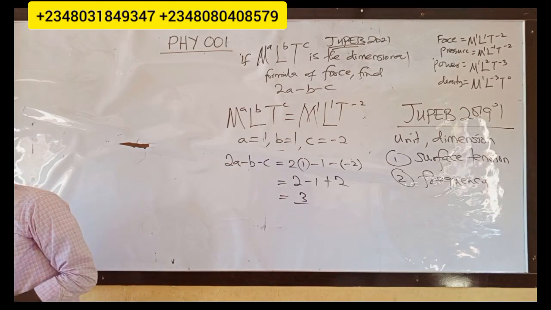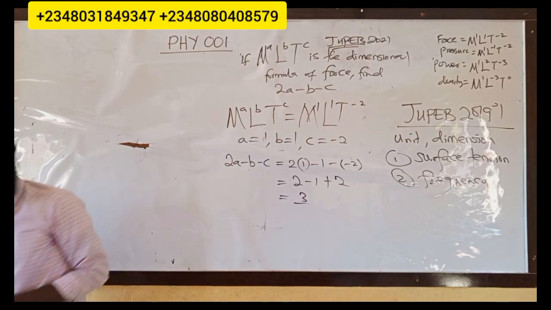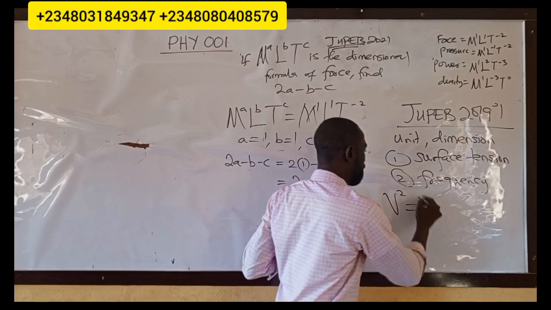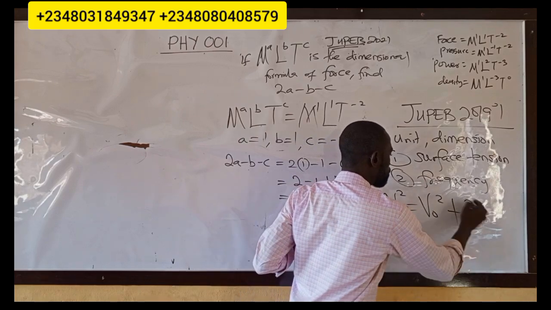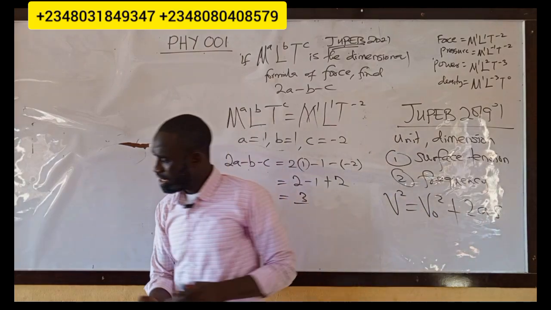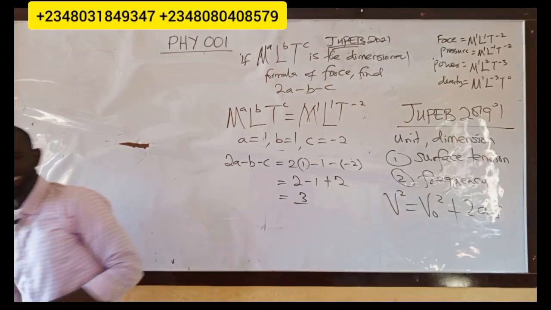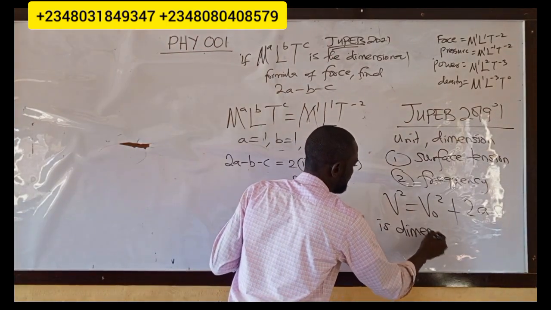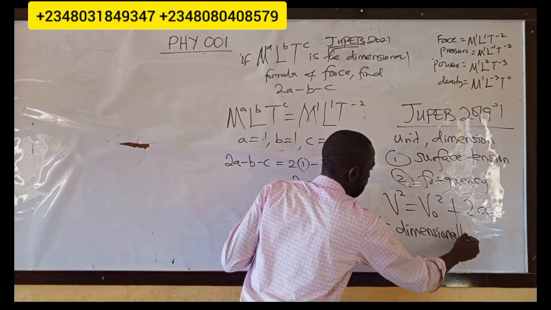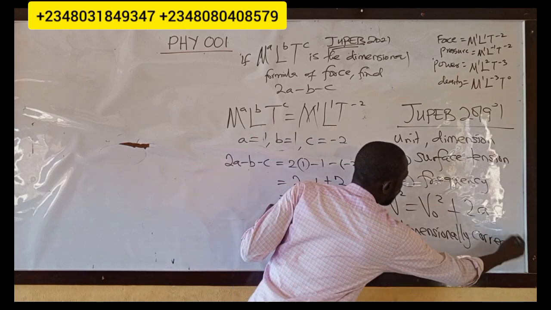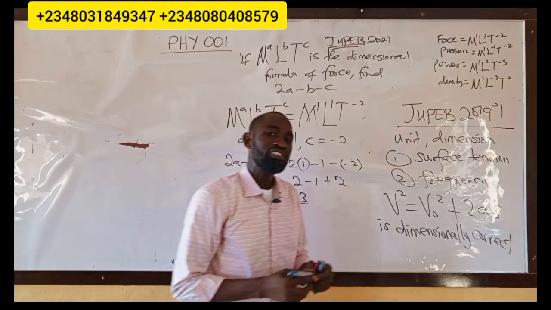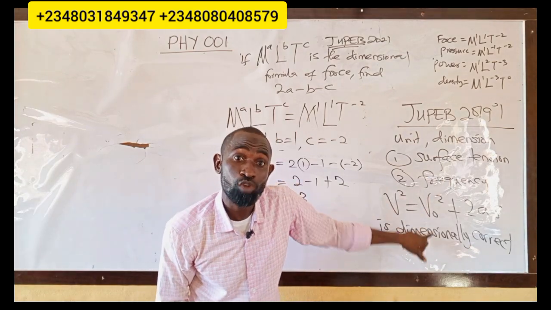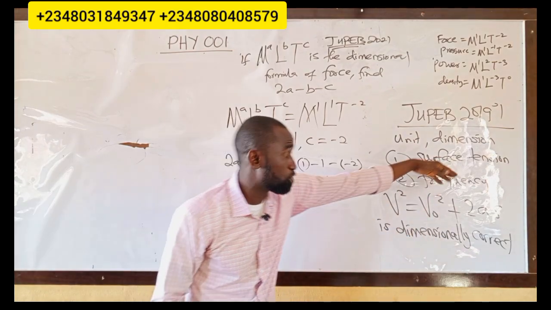And then show that the expression v squared equals v naught squared plus 2as is dimensionally correct. So we want to use dimension to know whether a physical equation is correct or not. This one you can just do.